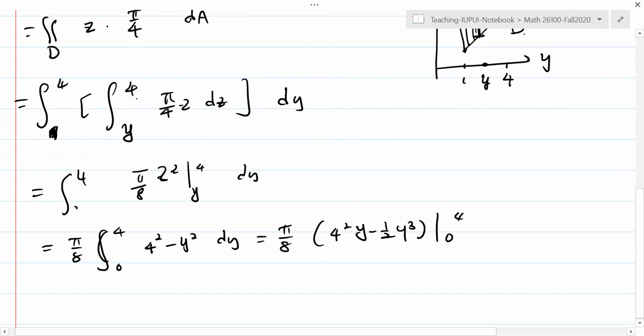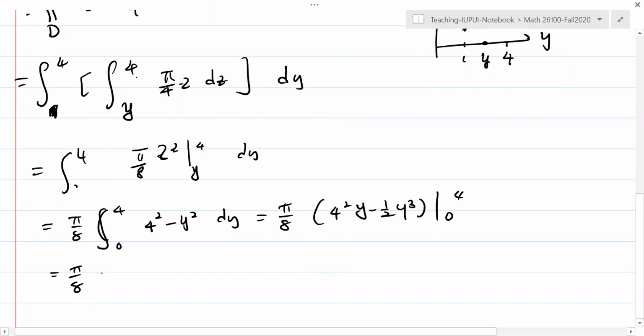You just plug in 4, that's 4 cubed minus one third of 4 cubed. Then you simplify, and you get pi times 4 cubed over 8 times 2 over 3.